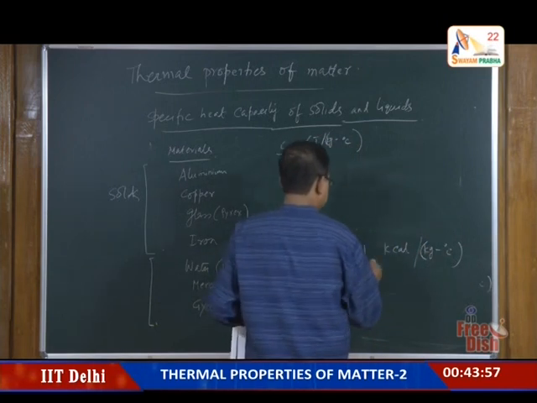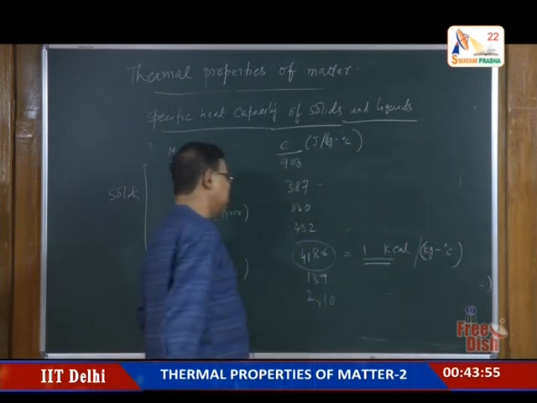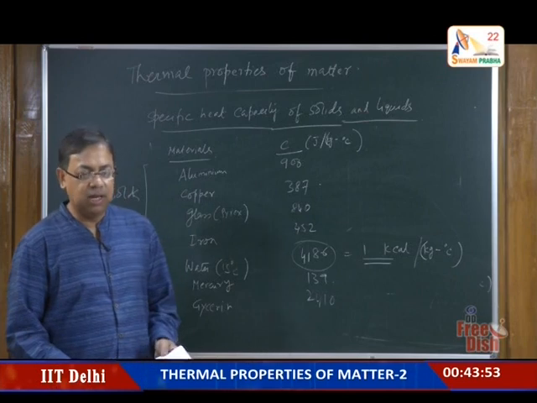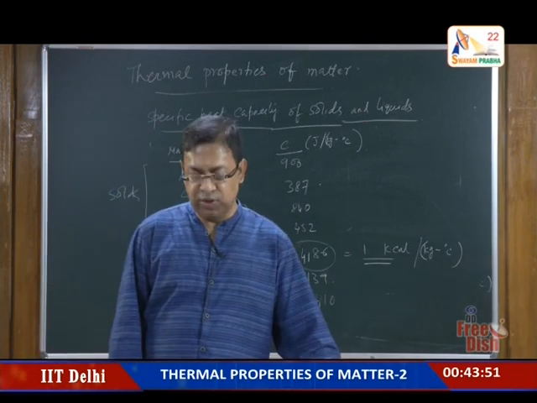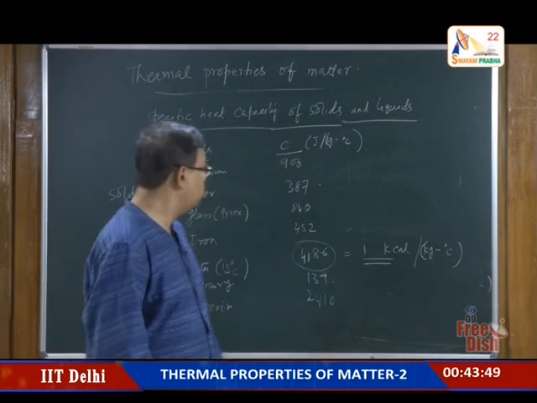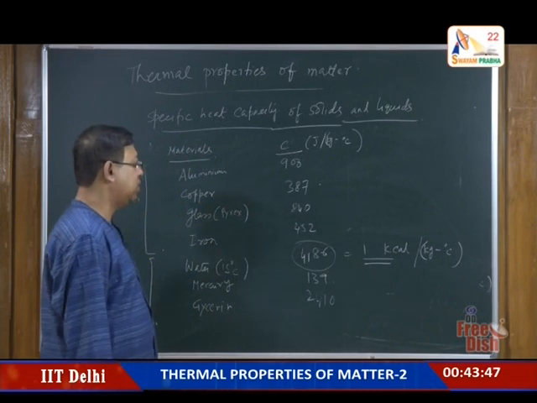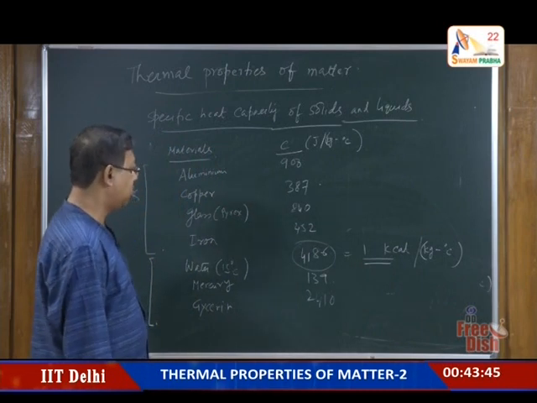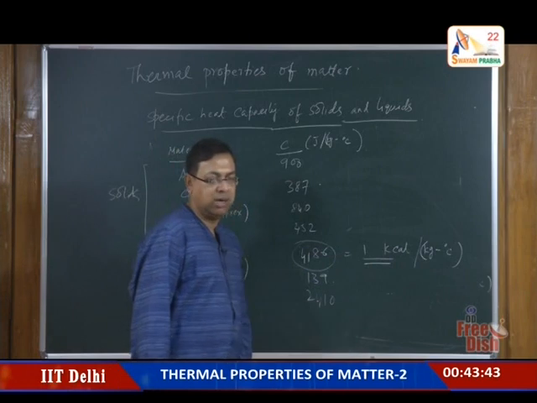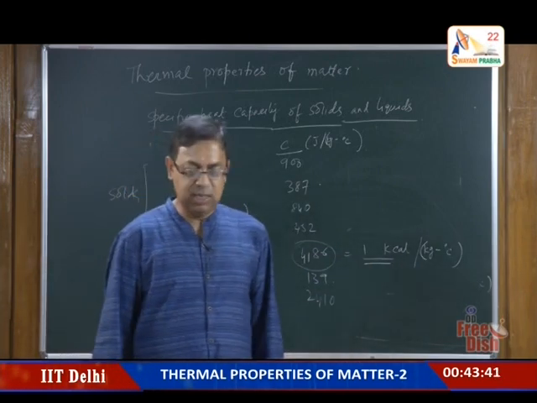Okay, so this is what we are very familiar with, whereas for water we are not too familiar with the units of joule per kg degree centigrade, but it is equal to 1 kilocalorie per kg degree centigrade.